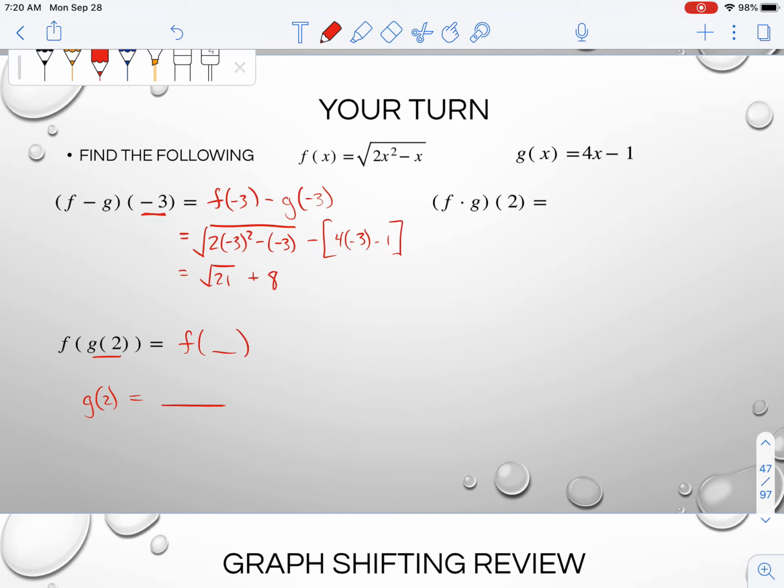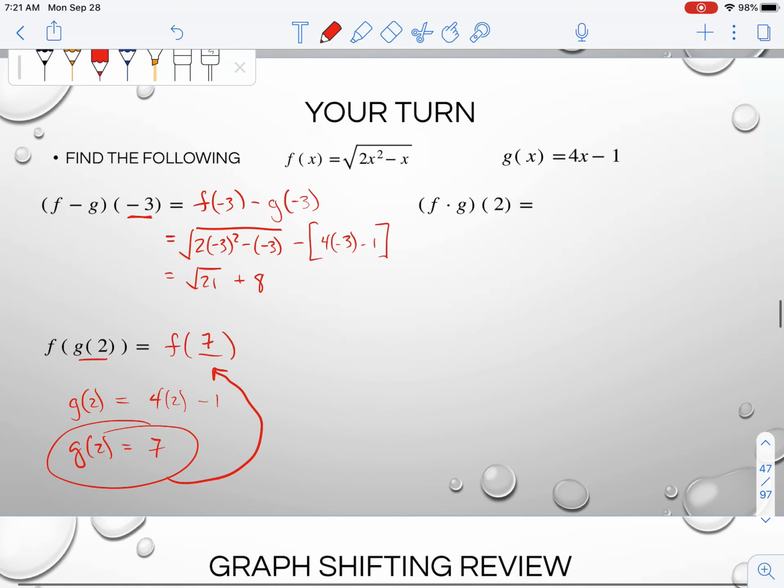Because I'm going to replace g of 2 with its actual solution. So here, g of 2, we're going to have 4 times 2 minus 1, or g of 2 is going to equal 7. So I'm going to take this statement of equality, and I'm going to replace the g of 2 in f. So instead of f of g of 2, I'm going to have f of 7, because g of 2 equals 7.